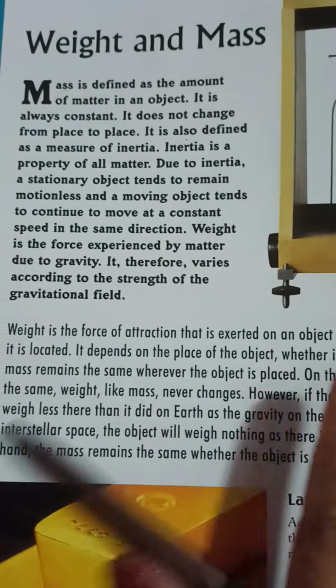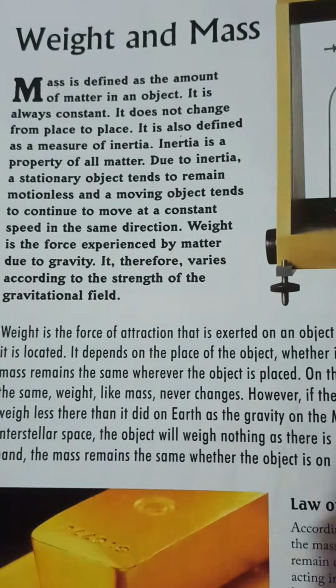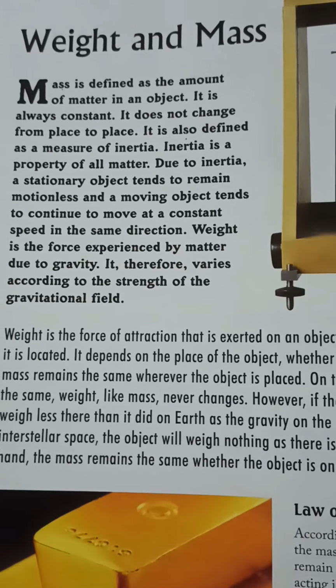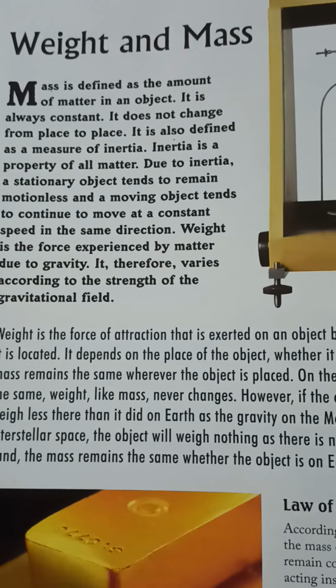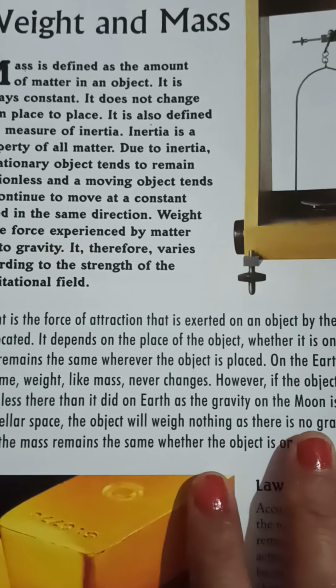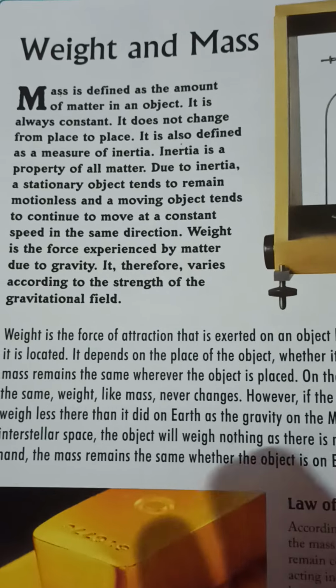All these objects are examples of what? Matter. So this inertia, ये जो जड़त्व है, ये सभी पदार्थों का जो मैंने अभी एग्जाम्पल आपको बताया उसकी एक बहुत ही अच्छी प्रॉपर्टी है.